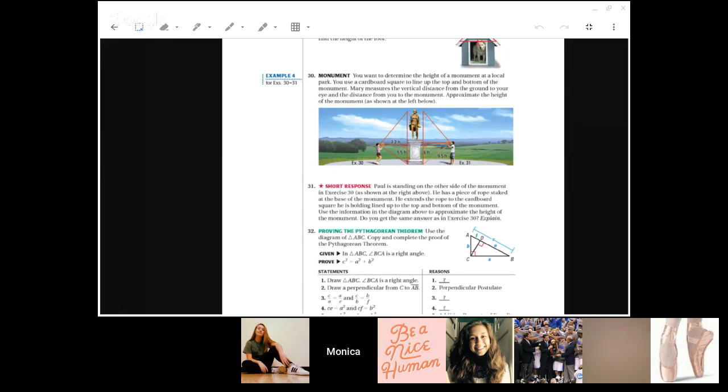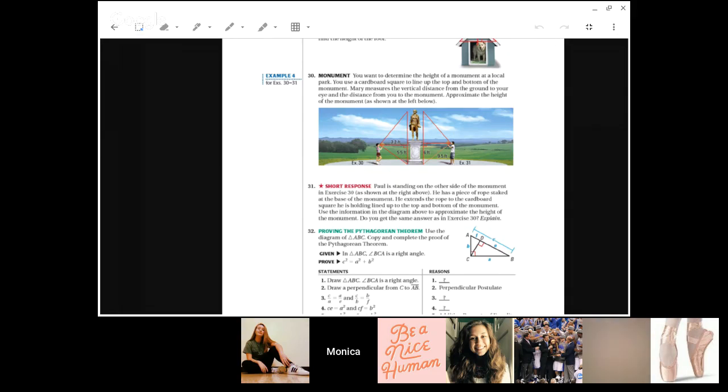So if we look at that picture, okay, what are we trying to solve? What measurement are we looking for? Good one, Natalie. Yes, we are looking for X, which is the height of the monument.